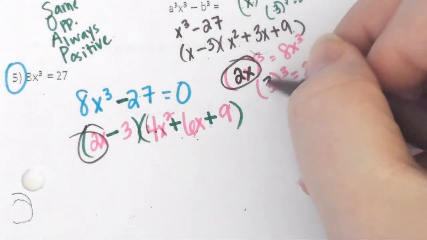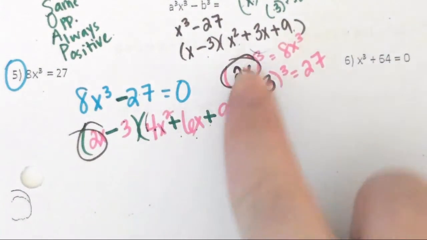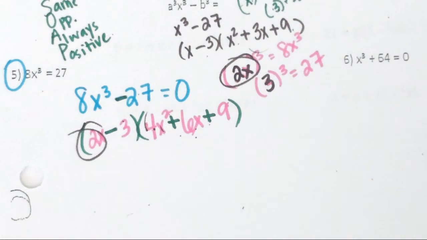We're still going to put the 3 in this slot. 3 squared is still 9. And the middle is still the two of them multiplied together. So 2x times 3 is 6x. And you're like, Miss Compton, I so wish you were done talking because that was deep.